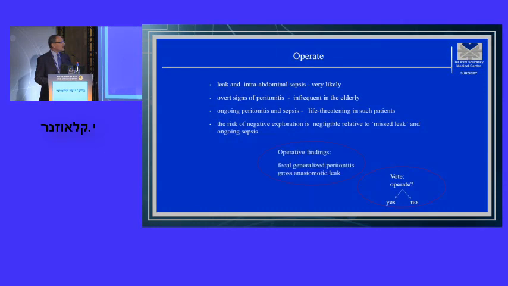Okay. The patient was operated on. This was the selection under these uncertain conditions, pros and cons. Fecal generalized peritonitis was observed with gross anastomotic leak. She made it. Okay? Let's see the results, please.